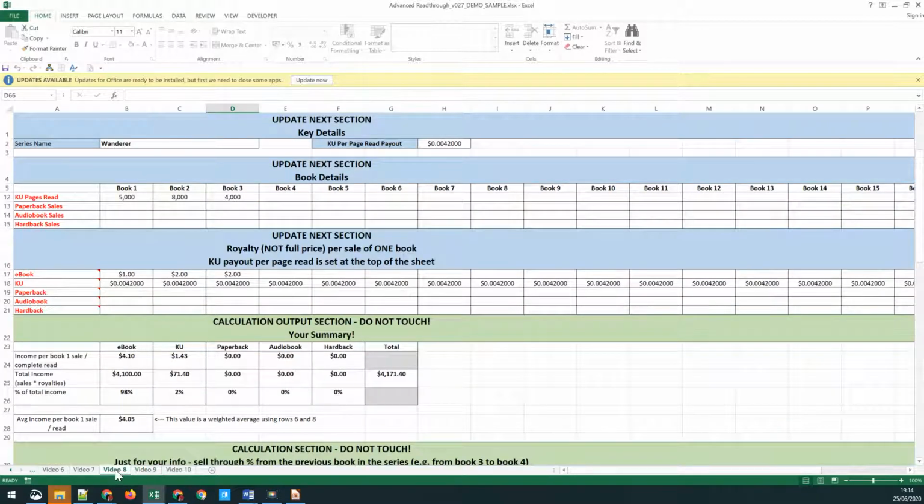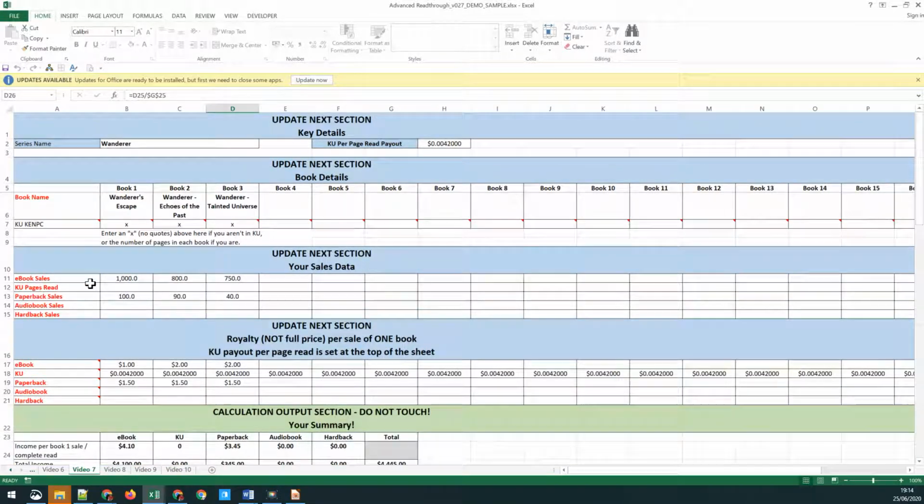So if we were to find a good example of some data, here we go. It would have been good if I found this before I started the video. And you can see here all that we have entered is a few bits of information on what the series name is, KU per page read payout, although we don't need that for this one as there's no KU entered, but I will add some.